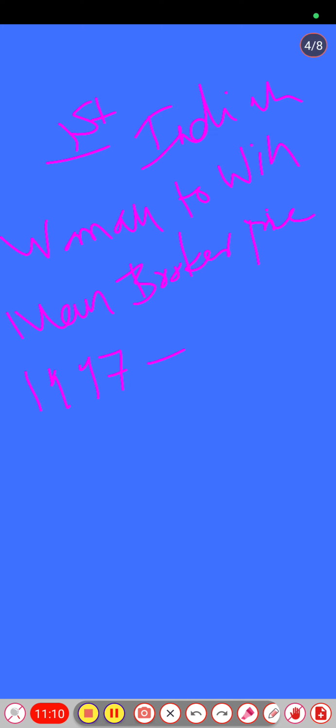So who is that lady? That lady is Arundhati Roy. So she is an important one. First Indian man to receive the Sahitya Akademi Award. So who is that? The famous one, R.K. Narayan. For which work? That you all know, The Guide.